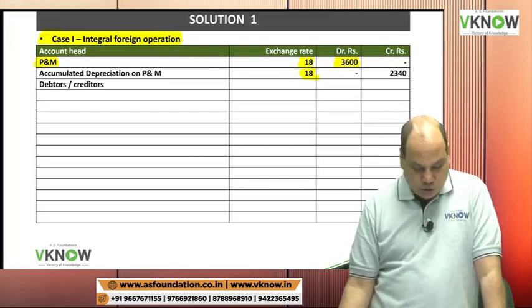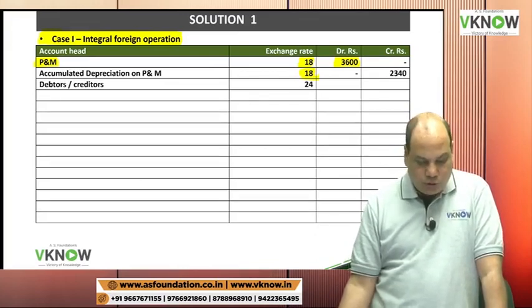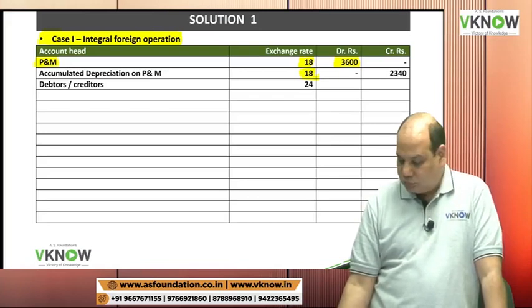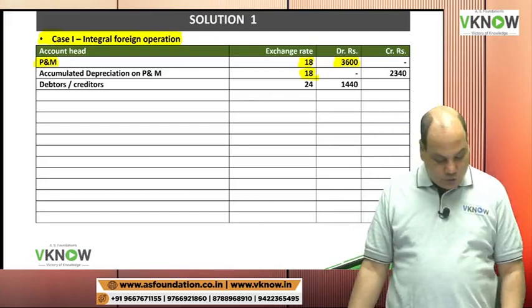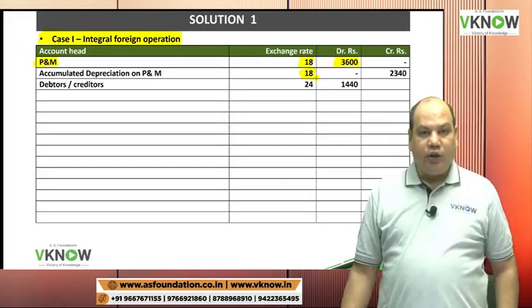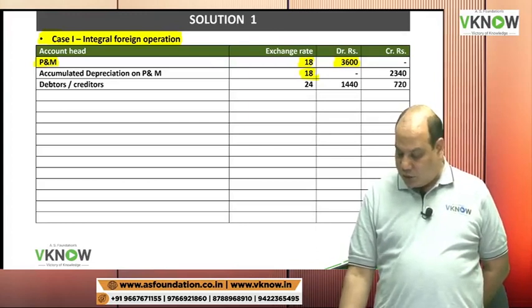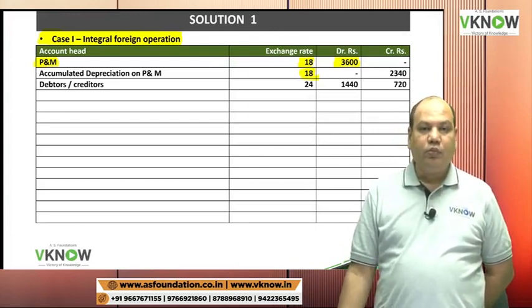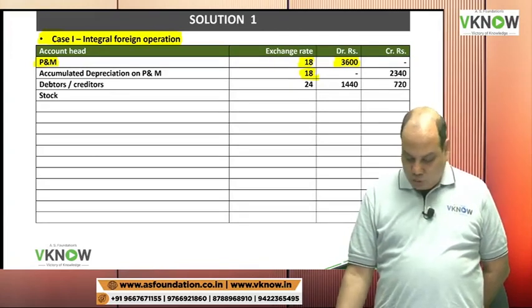We will apply the closing rate of 24. 60 into 24 is 1440. Creditor is 30 Australian dollars. 30 into 24 is 720.